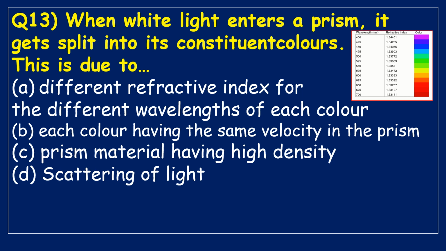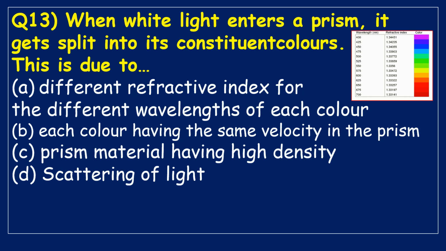And next one, violet indigo, is around 425 nanometers and its refractive index is 1.34235. Like that, as wavelength increases, refractive index decreases, right?